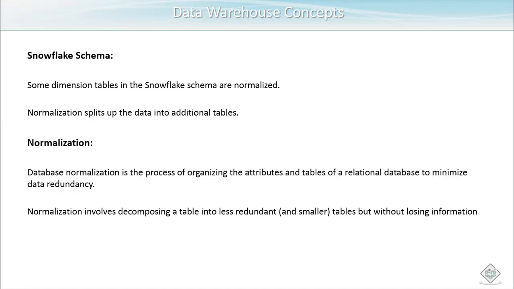It involves decomposing a table into less redundant tables without losing information. So the difference between the star schema and the snowflake schema is that in the snowflake schema the dimension tables will be normalized, whereas in the star schema my dimension table will be only one, that is, it will not be split.